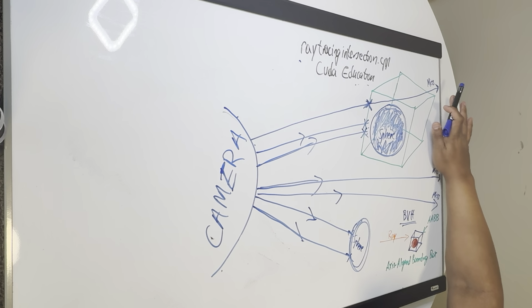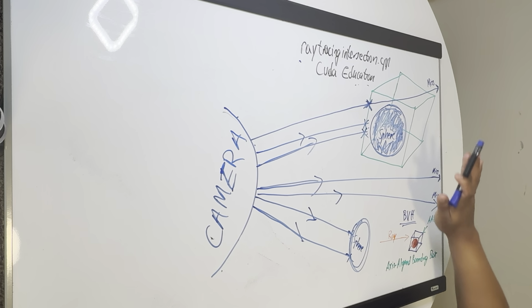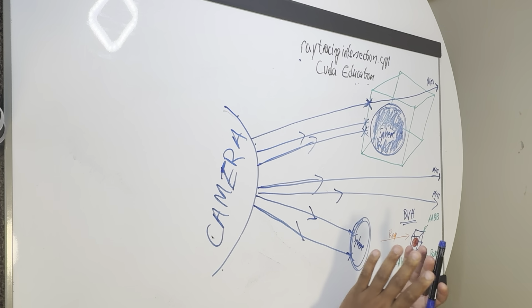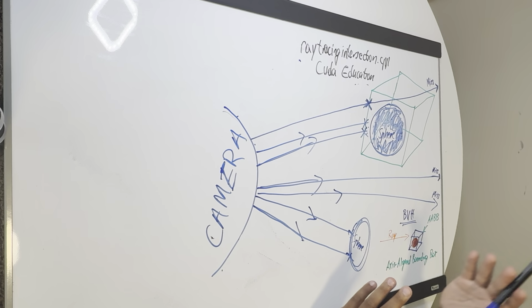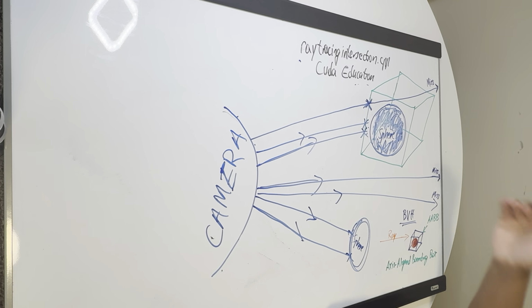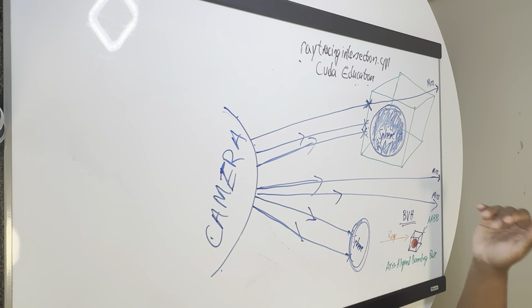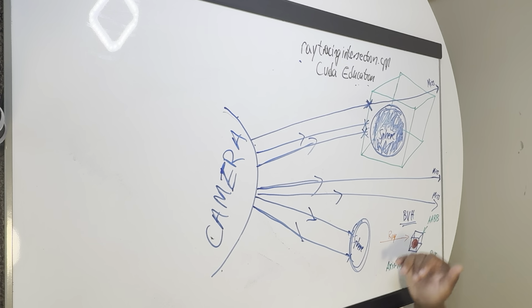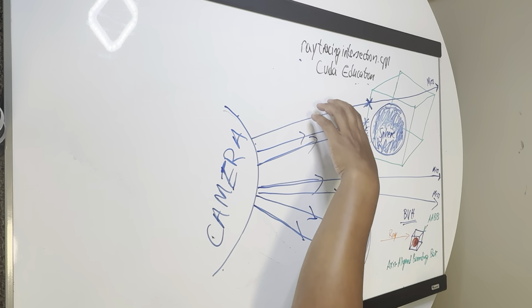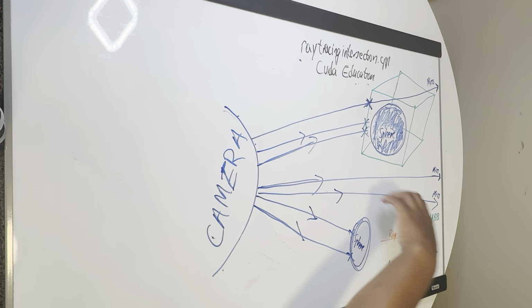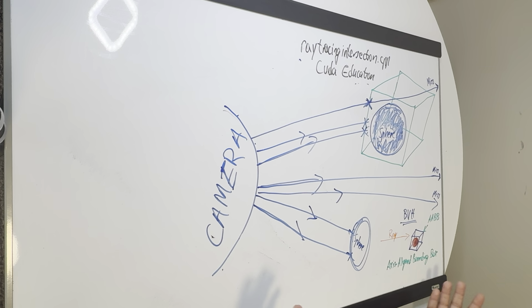We have to now deal with rays that are in the vicinity of the sphere, okay? So then we have these boxes. Why do we have these boxes? The reason for these boxes is to help us differentiate between the rays that are in the vicinity of the sphere and the rays that are nowhere near a sphere, right?